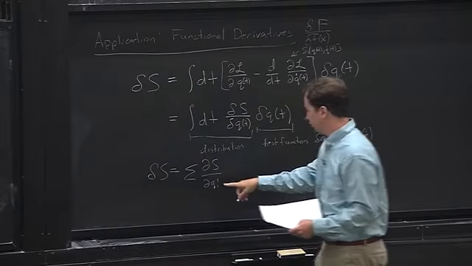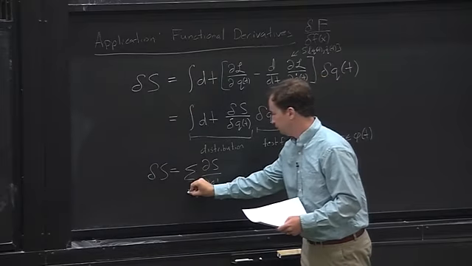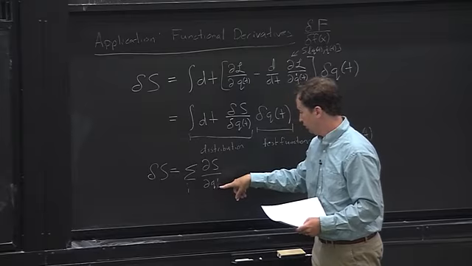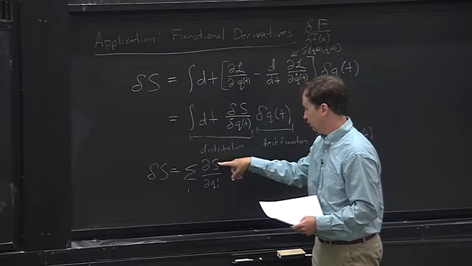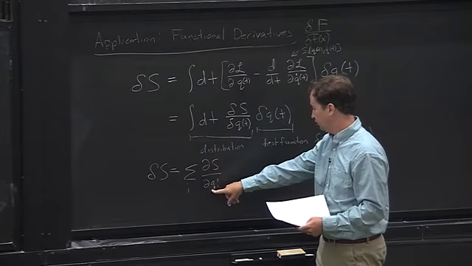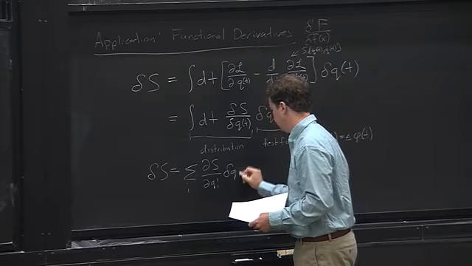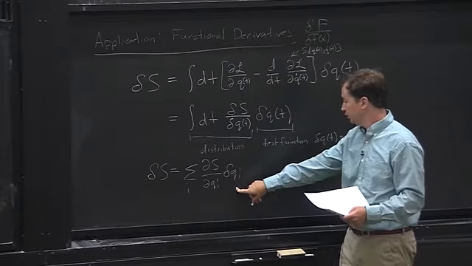to find the variation in this function of the qi, we would take the partial derivative of s with respect to qi and multiply by the variation in each of those variables.